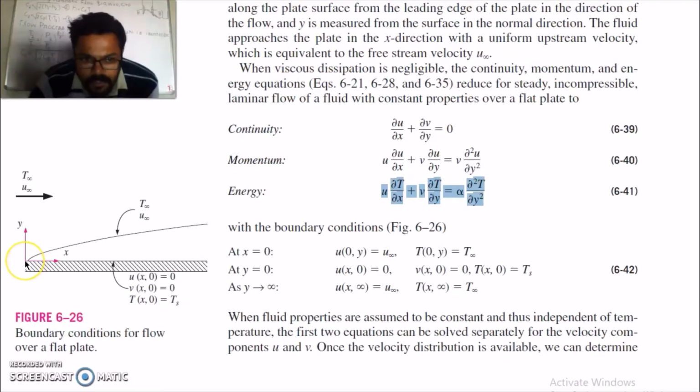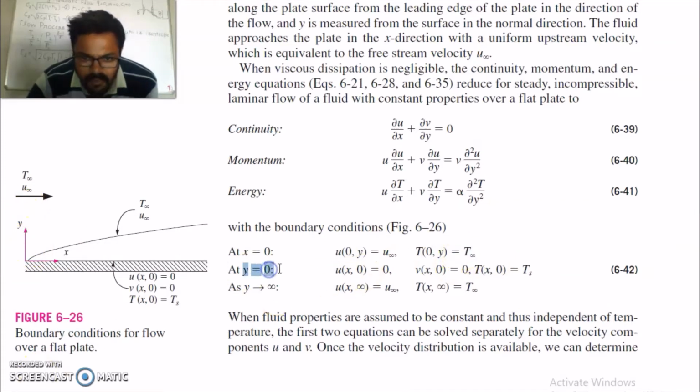At this point, x is 0. On this line x is 0, so on this line the velocity u at x = 0 is equal to u infinity. The temperature when x is 0, and y varies along this line, is T infinity.